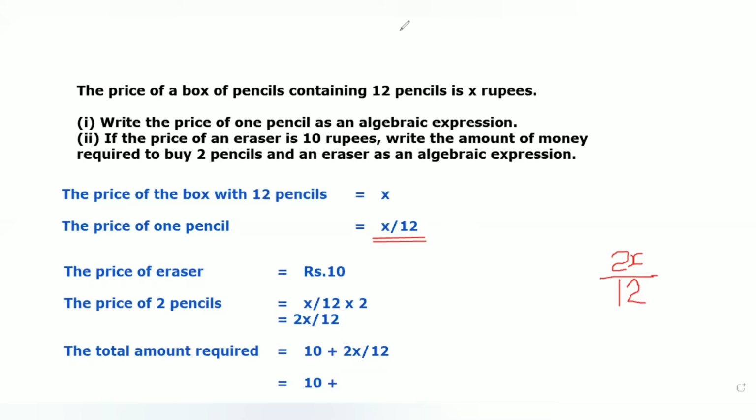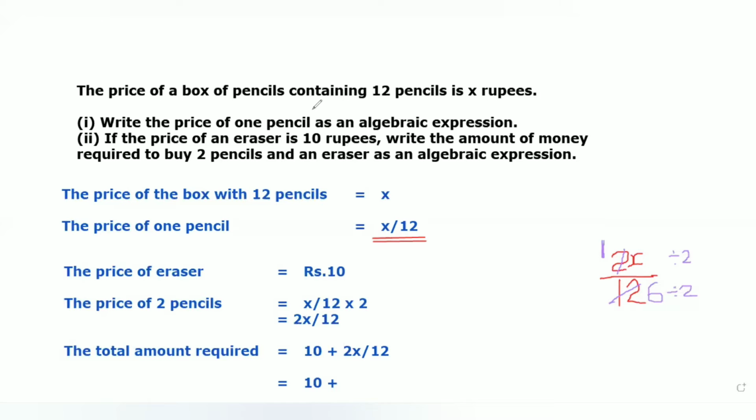How do I simplify? 2 times 1 is 2, and 12 times 1 is 12. I'm simplifying like this: I divide both the numerator and the denominator by 2. So 2 divided by 2 is 1, and 12 divided by 2 is 6.